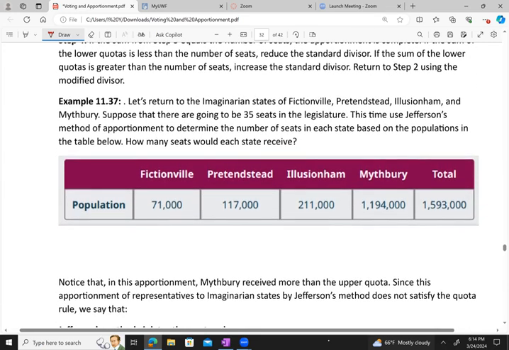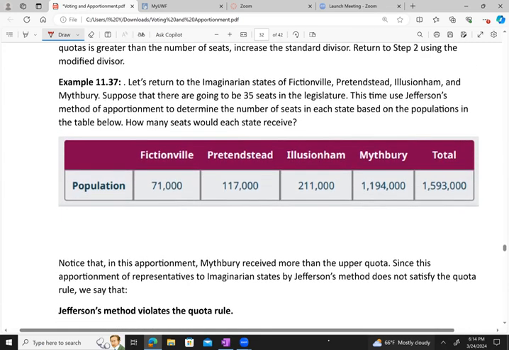So again, we're back to Imaginaria, and it's 4 states. If you recall, the standard divisor worked out to be 45,514.